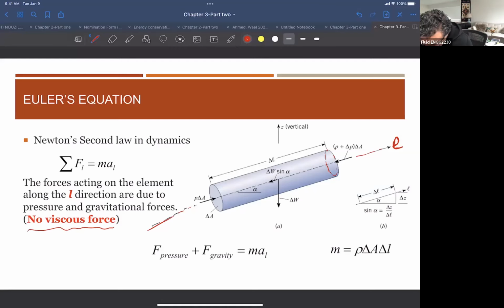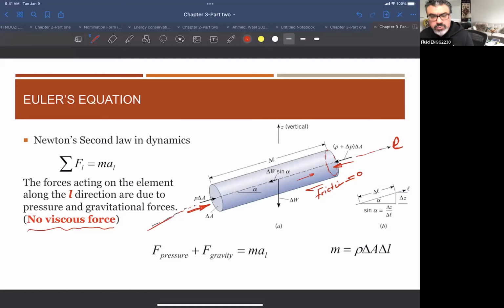So if this element is moving in this direction, there is no viscous force here, so friction is zero, right? Because if this element is moving, it would be resisted by some viscous friction of the fluid. In this case, because we are considering frictionless fluids, we have no friction forces. So if I look at the forces applied on this element, there is a pressure from this side, and pressure from this side as well.